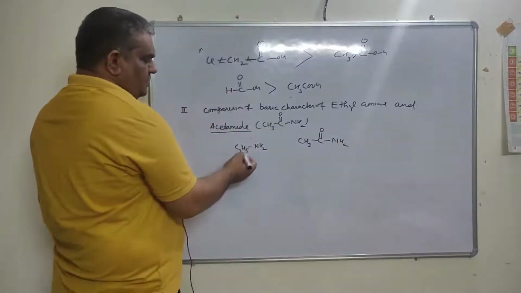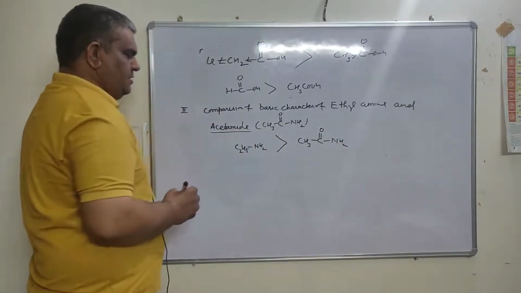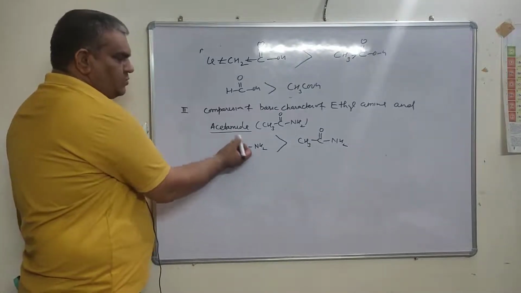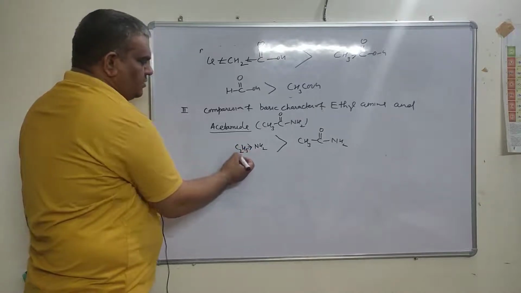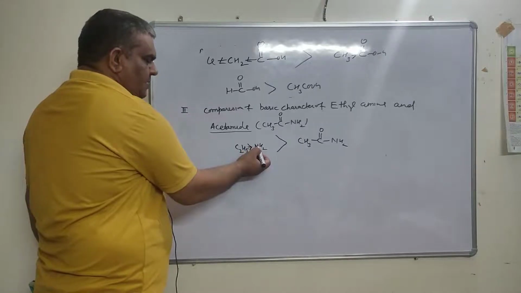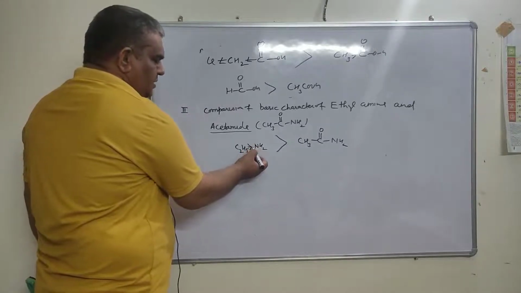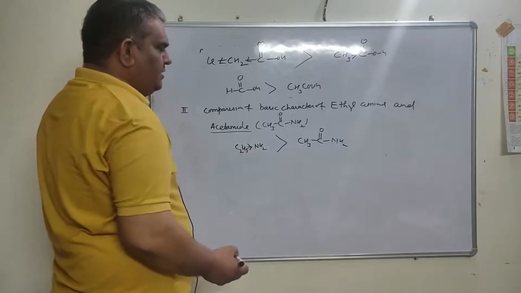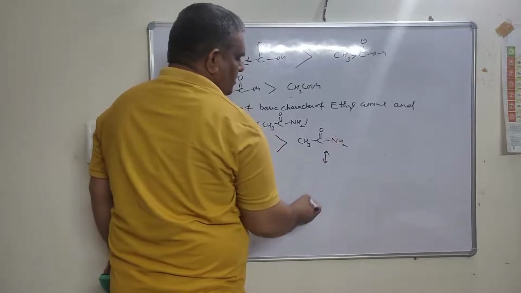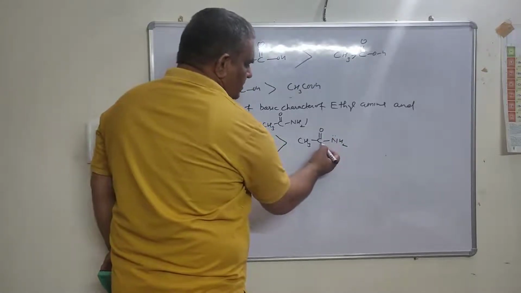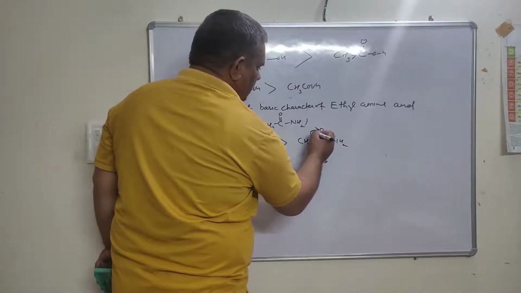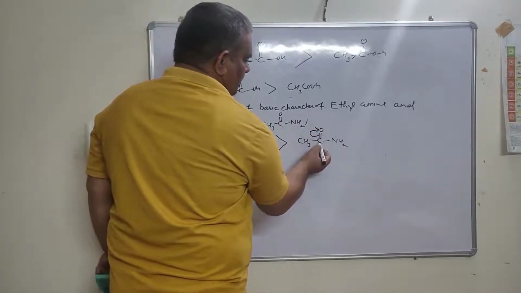And this ethylamine is more basic than acetamide because in ethylamine the ethyl group is electron donating, and this electron donating group increases the electron density around the nitrogen atom. As a result, it is more basic. In acetamide, the lone pair of electrons present on the nitrogen atom is delocalized, the carbonyl group pi electrons shift toward oxygen, giving oxygen a negative charge and nitrogen a positive charge.